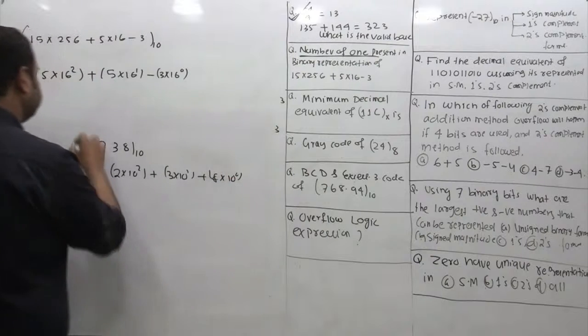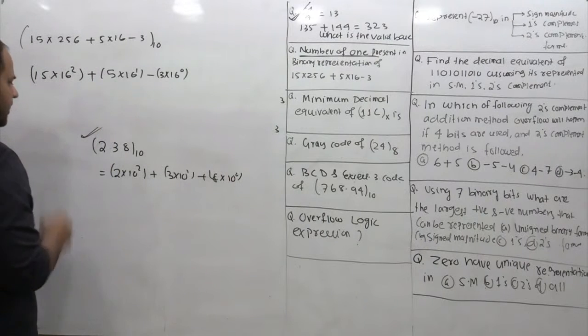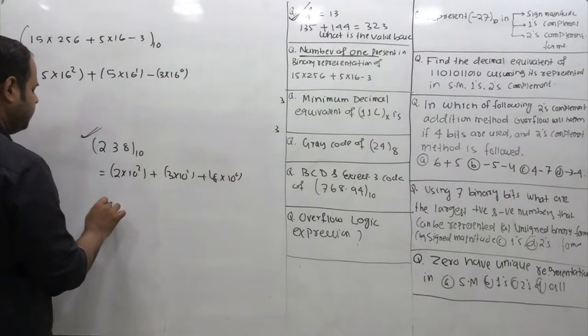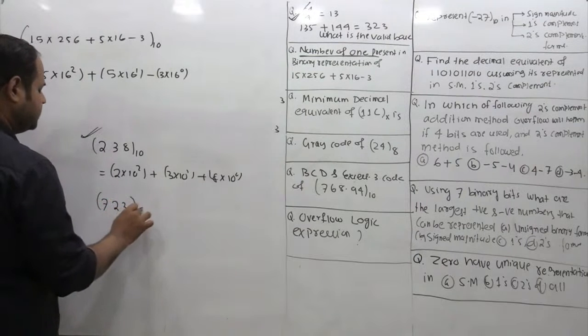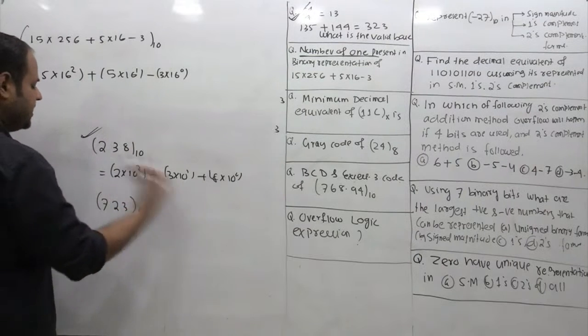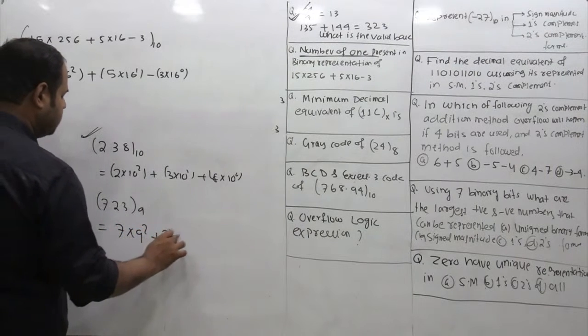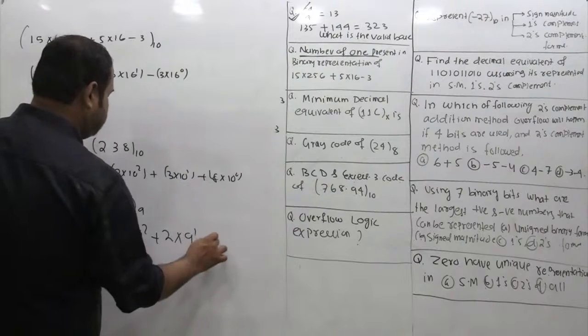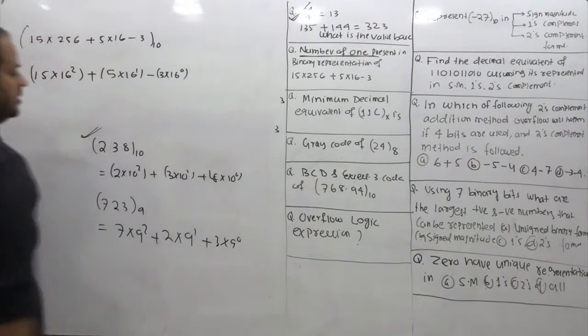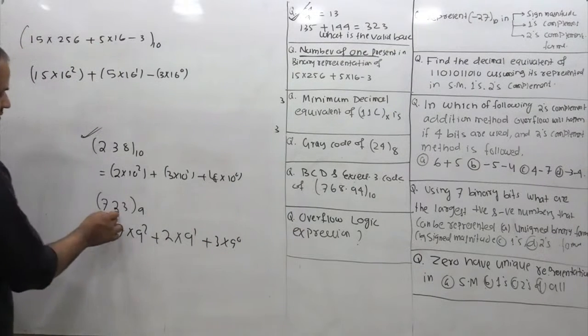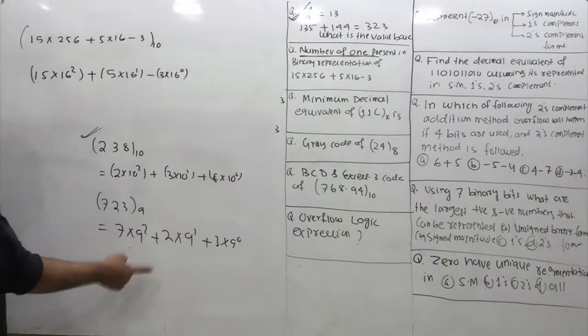This is applicable in any base. For example, if you have the number 723 in base 9, its polynomial representation is 7 into 9 square plus 2 into 9 power 1 plus 3 into 9 power 0.